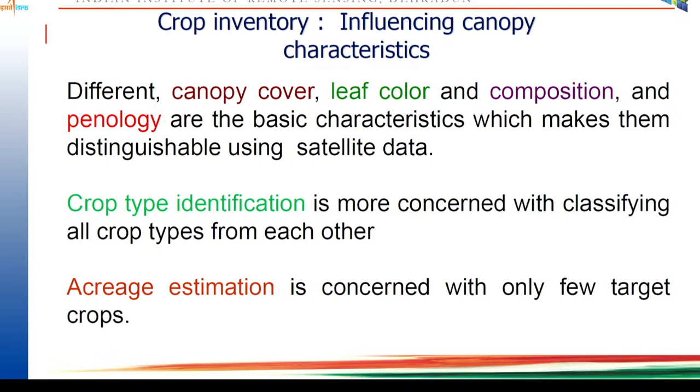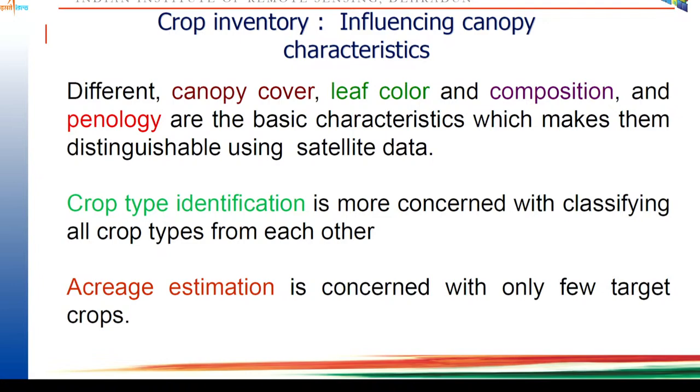And this different reflective energy from different crops makes a unique signature, which can be identified with some kind of computer based algorithm. So crop identification is more concerned with classifying all crop types from each other. It is a very challenging task.